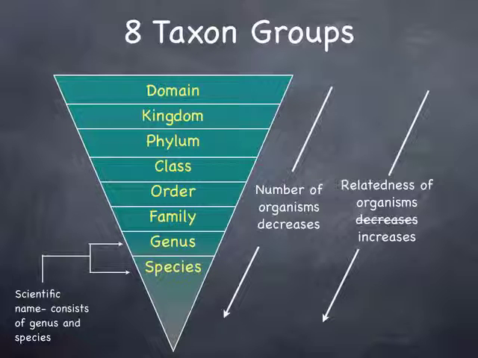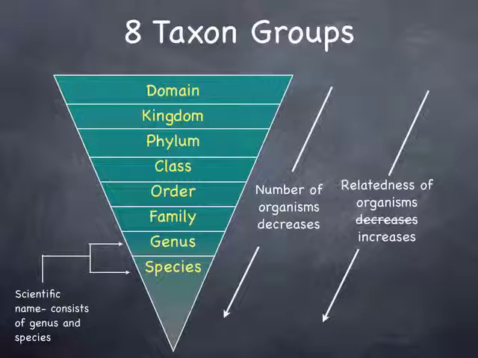Okay, so those are our 8 taxa, our 8 groups of classification. And as we go down this list, from domain down to species, the number of organisms in each group gets smaller and smaller until at the species level, there's just one thing in each group.